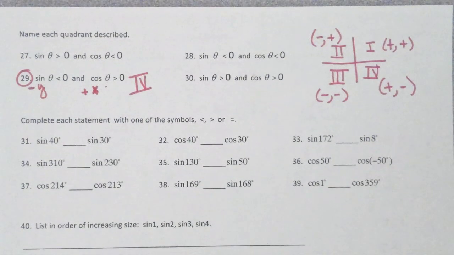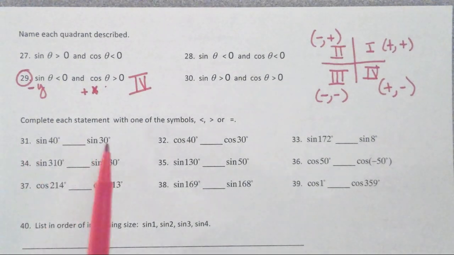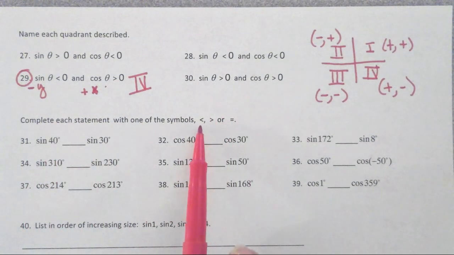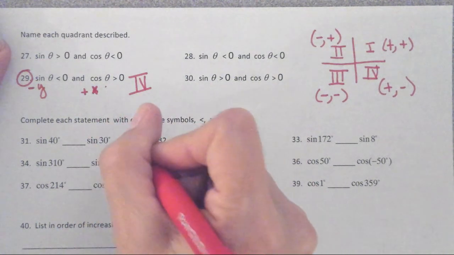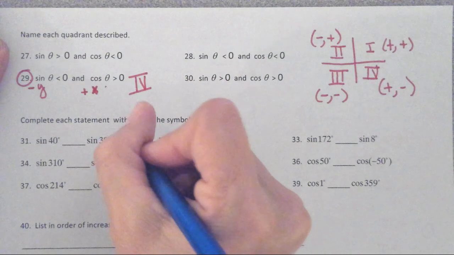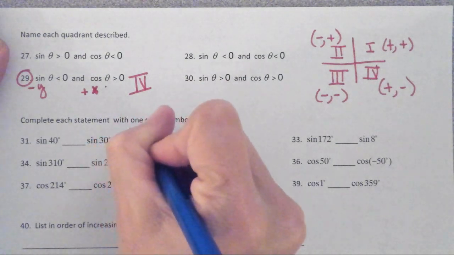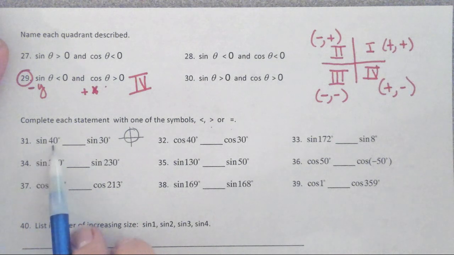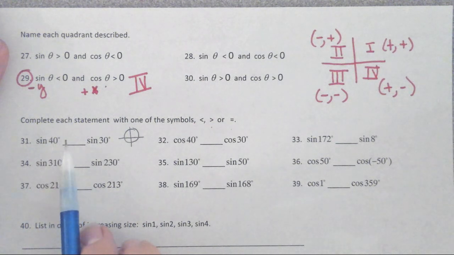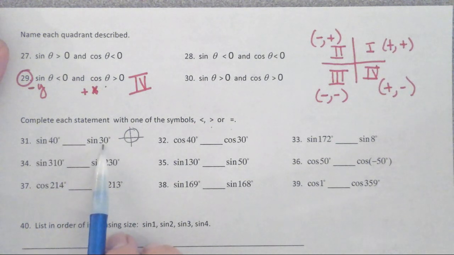On 31 through 39, they want me to compare each of these and decide if it is less than, greater than, or equal to. So let's look at 31 first. On 31, I draw a little unit circle again. They ask me, is sine of 40 degrees greater than, less than, or equal to sine of 30?